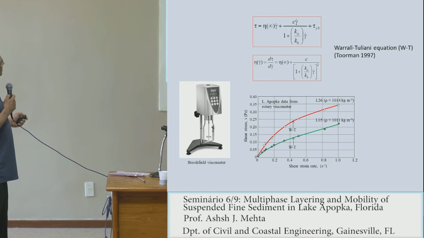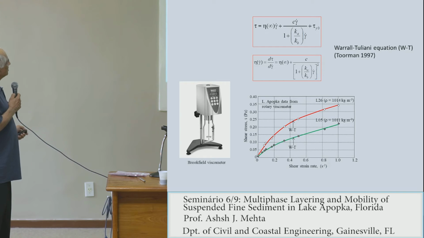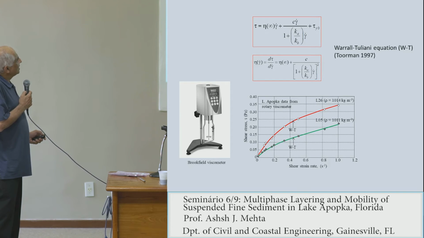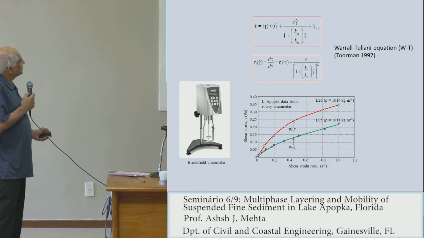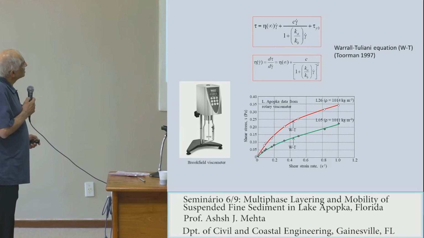And then you can use a simple rheometer, this is a Brookfield viscometer, to measure the shear stress against shear strain. The circles are data points, and the lines are based on that equation.